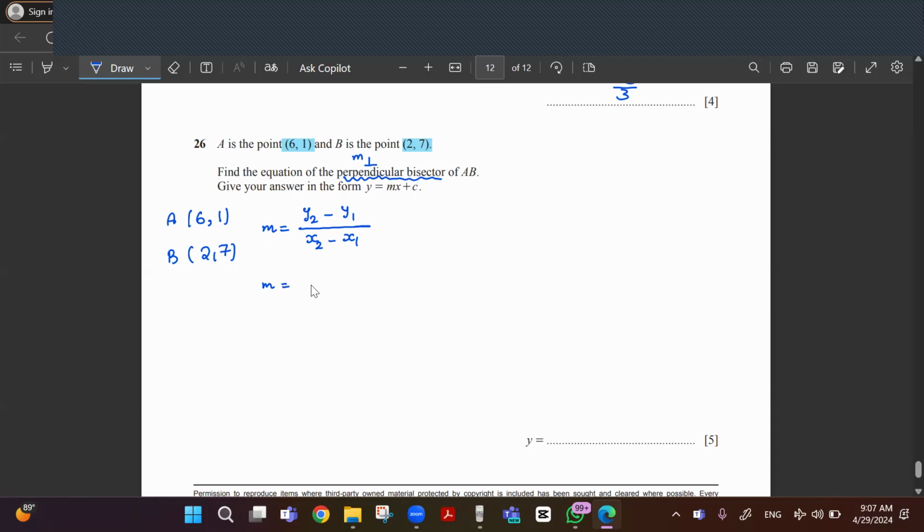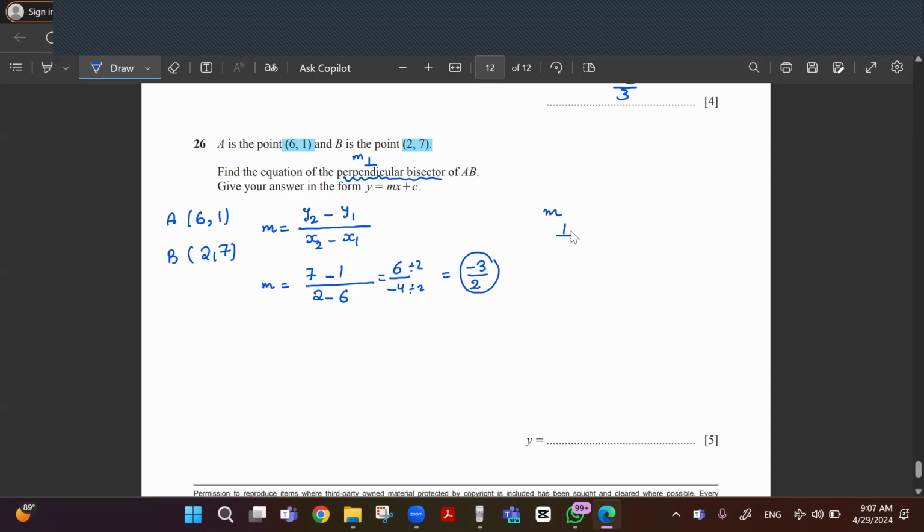So m equals y2, which is 7, minus y1, over x2 minus x1: 7 minus 1, 6, over 2 minus 6, which is -4. If you simplify it by 2, it will be -3 over 2. And this is the gradient. But I don't want the gradient. I want the perpendicular gradient.